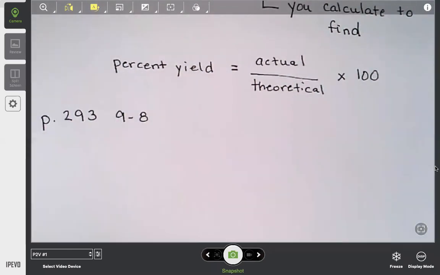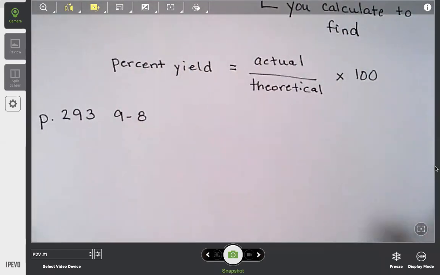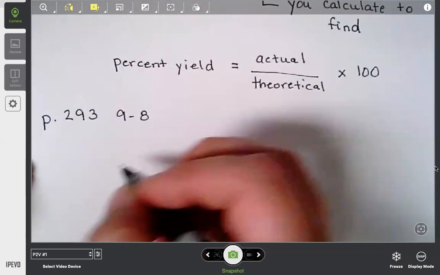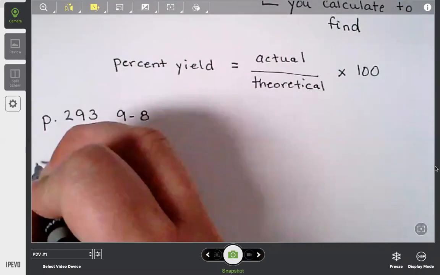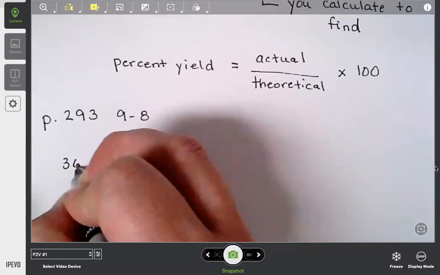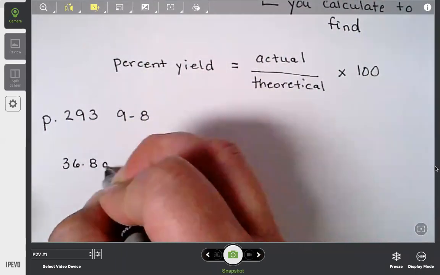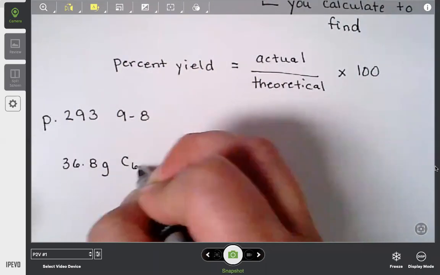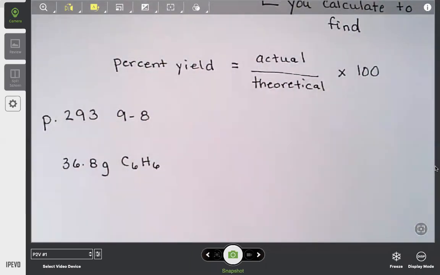So this one is a pretty simplified version. Most of them are a little bit more difficult, but let's start easy and work our way up. It tells us right off the bat which one is our limiting reactant. We have 36.8 grams of C6H6. And it tells us that the other one is the excess.